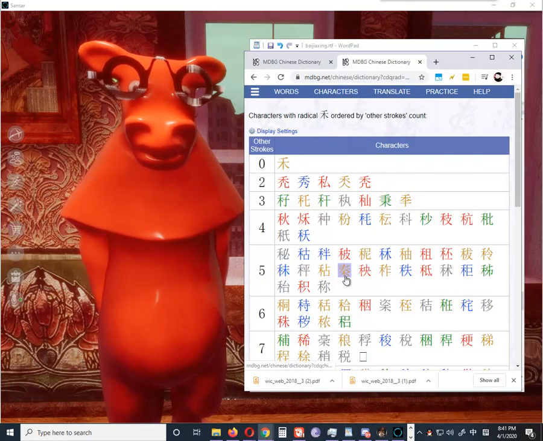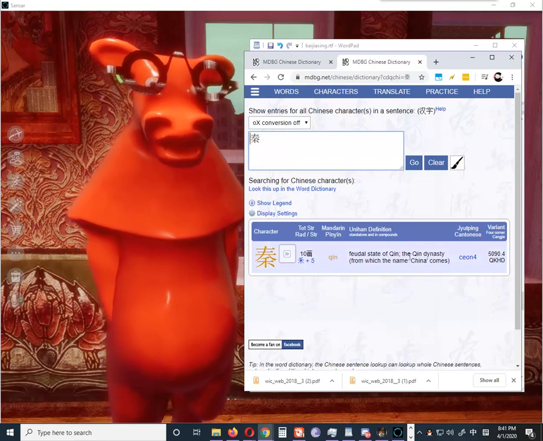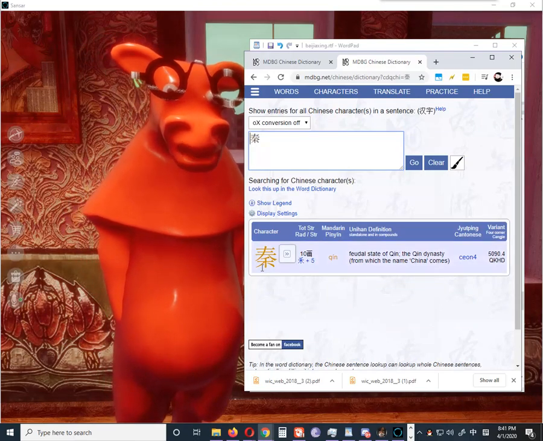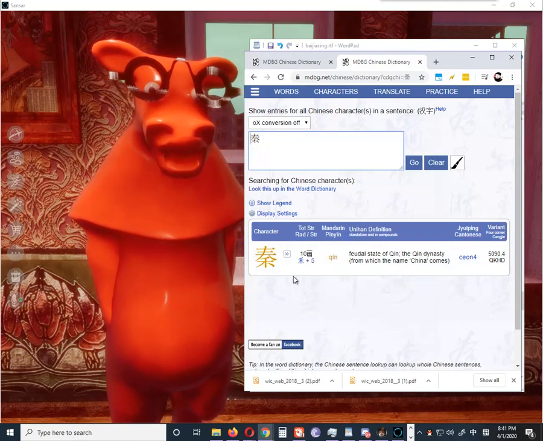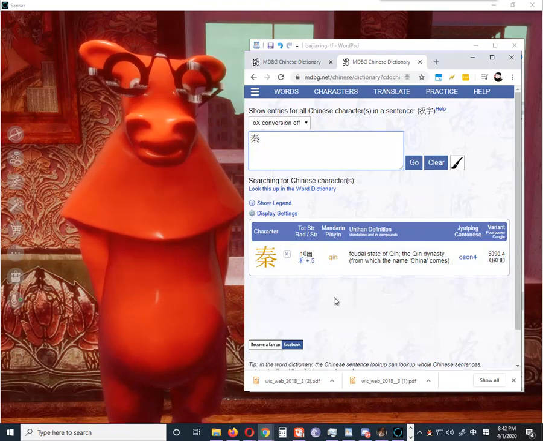And there it is. You see it? Didn't see it so well because it's yellow. Qin. The feudal state of Qin, the Qin dynasty from which the name China comes. So we should all know that that's a 5-stroke radical plus 5 strokes. Qin dynasty.